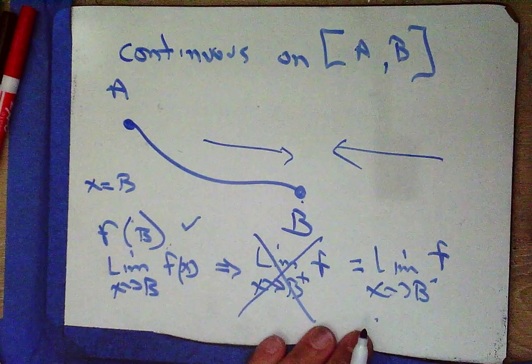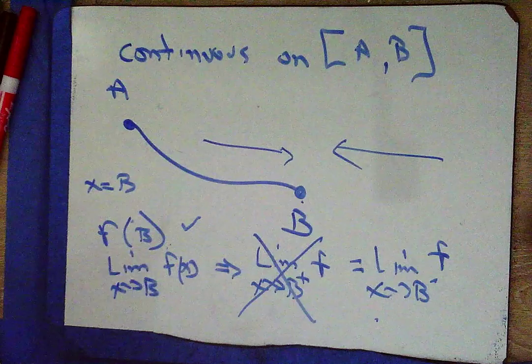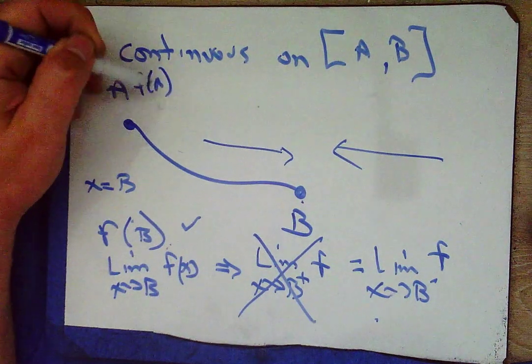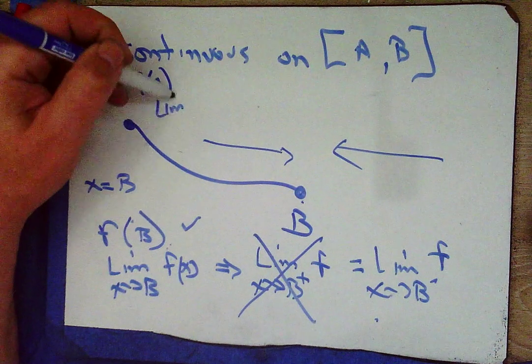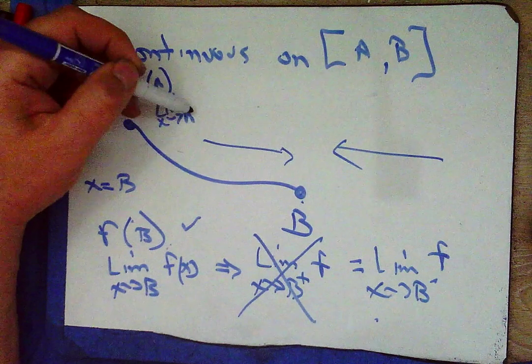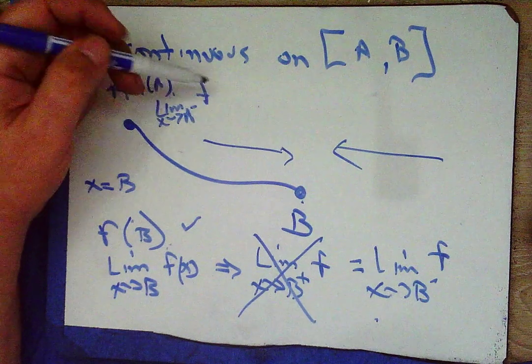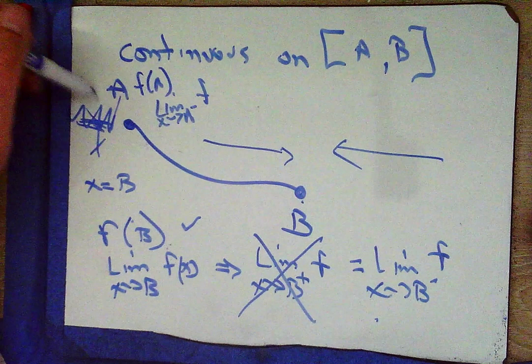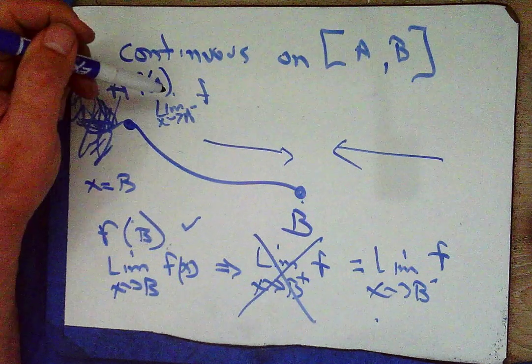So, because endpoints bring a unique challenge, like here, I know that f of a exists, but does the limit as x approaches a from the negative side exist? There's no limit over here because there's no function over here. I don't know, it's not coming in from any direction.